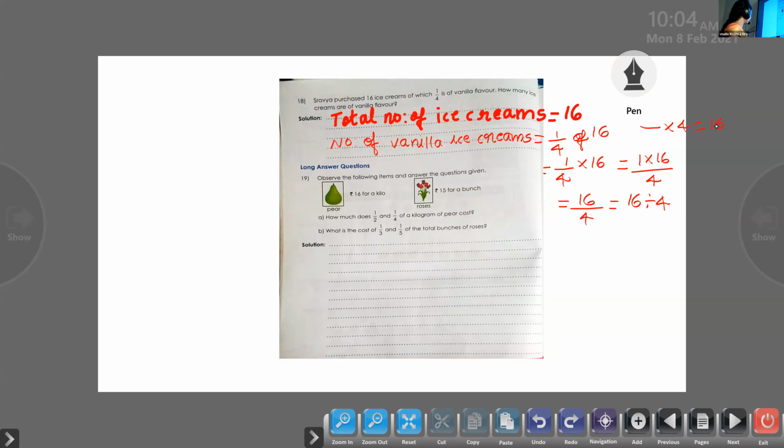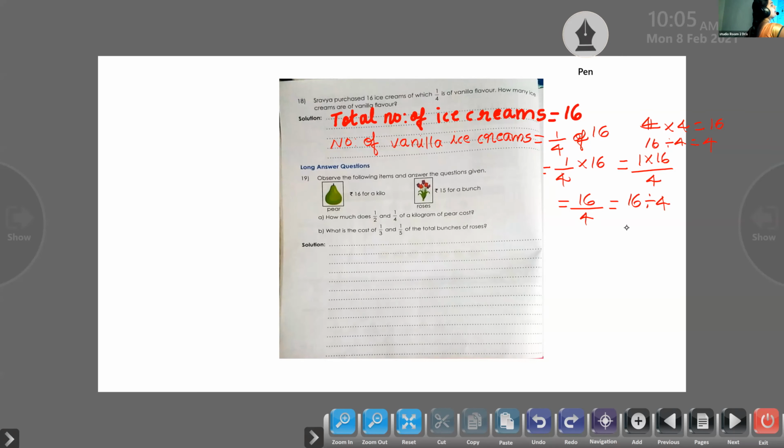Abigail, can you say? Unmute and say. 4. Is it Meenakshi or Abigail? Meenakshi said the answer? No, 4 into 4. Yes, Meenakshi also said, I think. So, 4 fours are 16. From that, 16 divided by 4 is equal to 4.